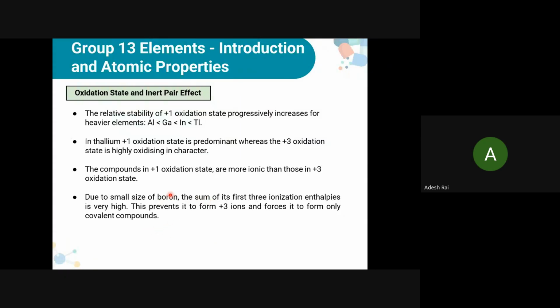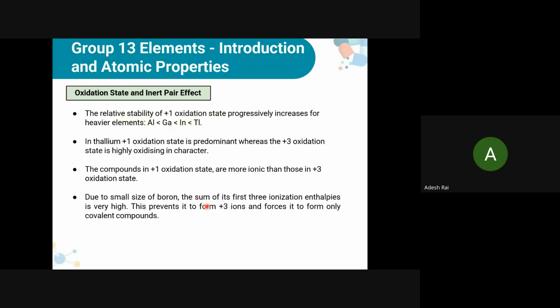Because the size is very small, and the successive ionization enthalpies are very high. So if you go for the +2 state and +3 state, it becomes very difficult to remove the electron from boron. As a result, what can happen? Tell me. In the case of boron, it won't show the +3 state.